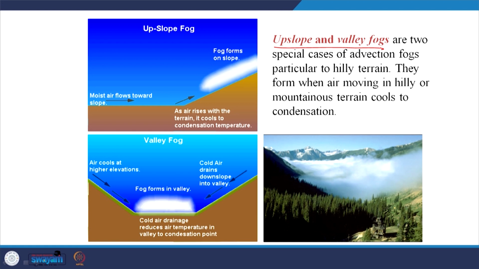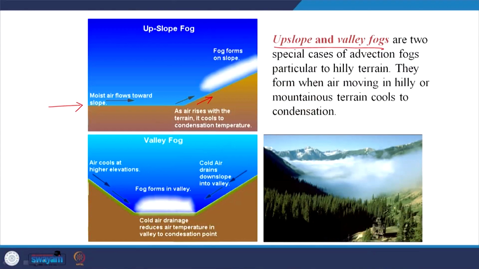So, for upslope fog, let's say hot and moist air is traveling from this direction towards a hilly terrain, which gives the advantage of height. The air is moist, it has not reached saturation, but when it travels across this slope, its height is increased. It is lifted, of course.